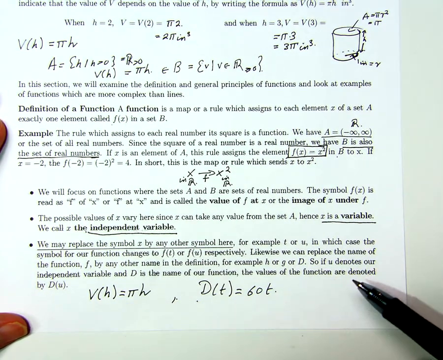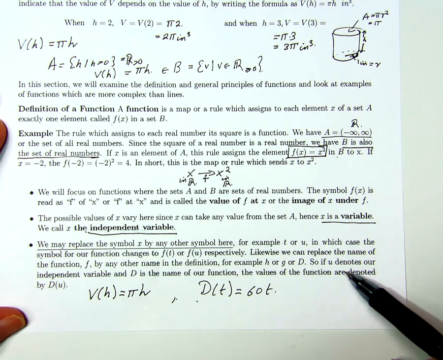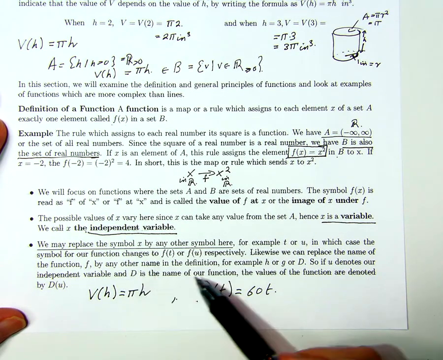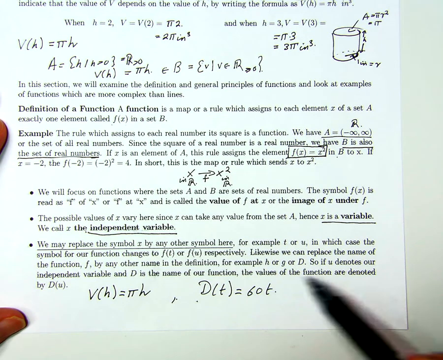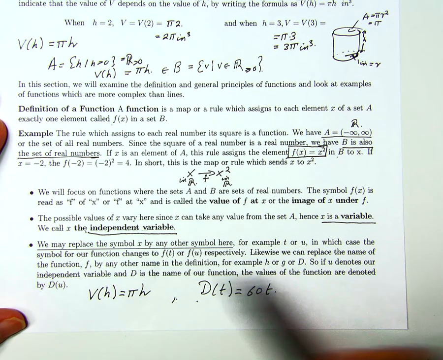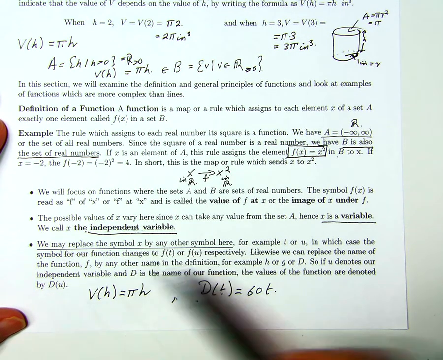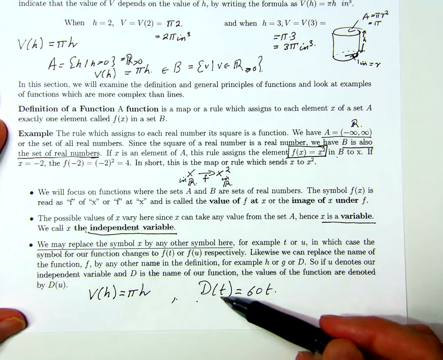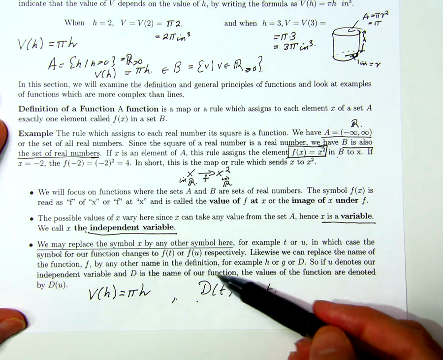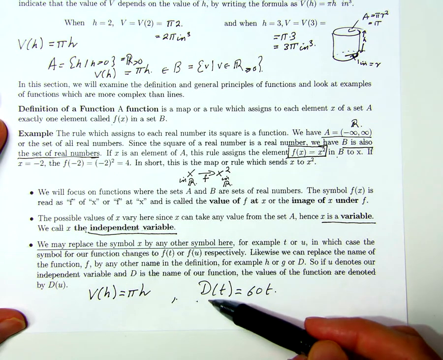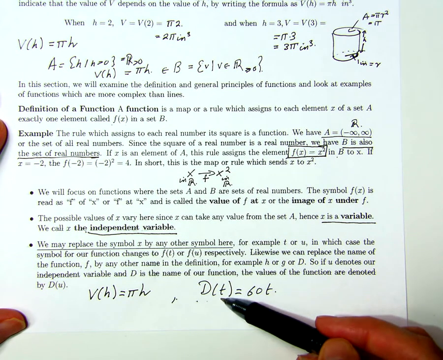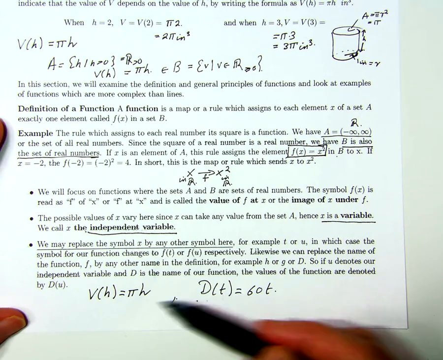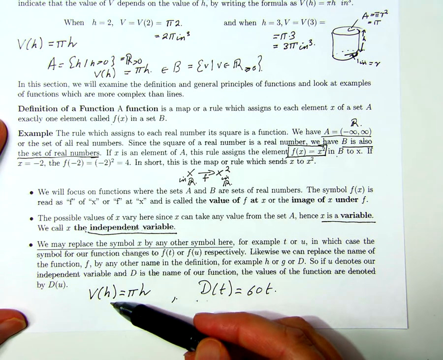So if u denotes our independent variable and d is the name of our function, then the values of the function are denoted by d of u. Or if t denotes our independent variable and d our function, then the values of the function are denoted by d of t. So you can change the names of the independent variable and the function in this definition.